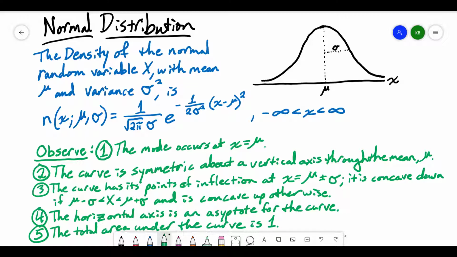Our second distribution is the normal distribution. So the density of the normal distribution is a much more complex formula for us. We find it by taking 1 divided by the square root of 2 times pi times the standard deviation of this normal random variable.